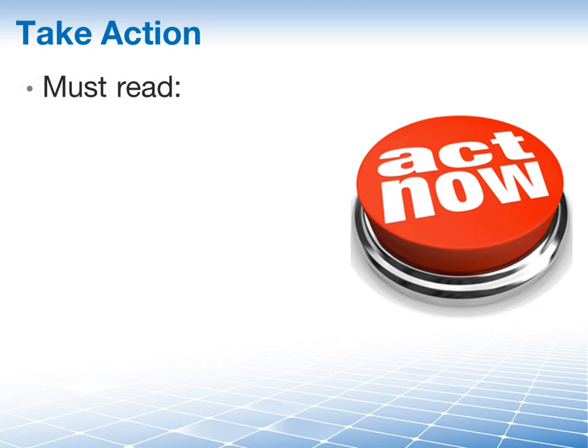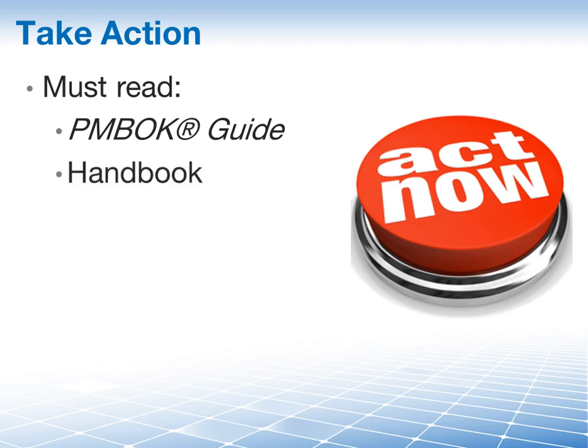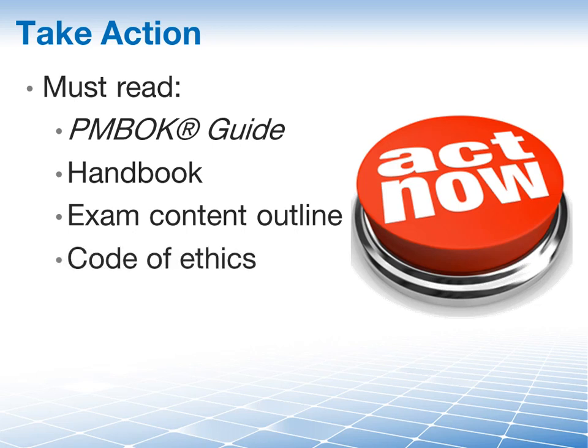First of all, you must read the PMBOK guide, the PMP credentials handbook, the examination content outline, and the code of ethics and professional conduct. These 4 are just must reads. You cannot get to the PMP exam without having looked at these.